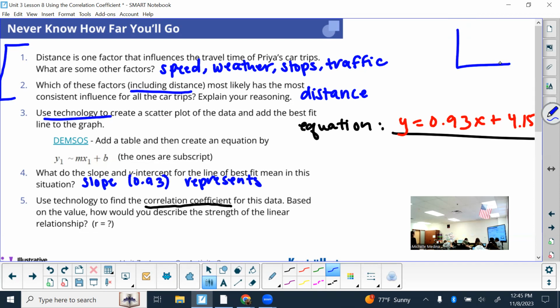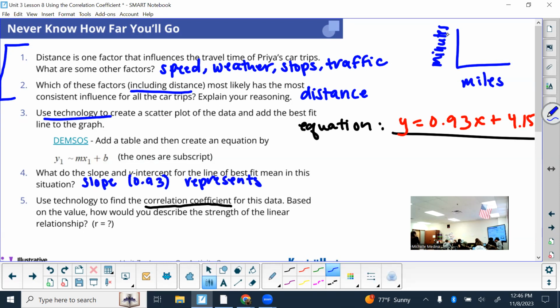What is my x in this situation? So hold on, let's talk everyone through it. What's my x in this situation? Distance in miles, and then what's my y? Ordinarily, I prefer that the time be on the x-axis, but it depends. Okay, so it looks like the minutes spent in the car depends on how many miles are driven.